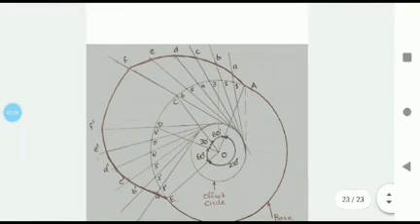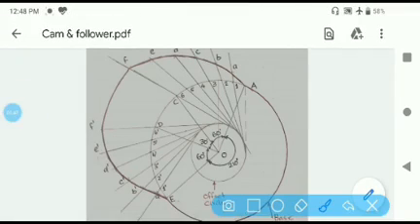And once you make all the measurements and mark them onto this diagram, after that you join all these points, starting from A to small a, then B, C, D, E, F. Similarly on the return stroke side, starting from capital E, A prime, B prime, C prime, D prime, E prime and F prime. Now here also you join F and F prime.